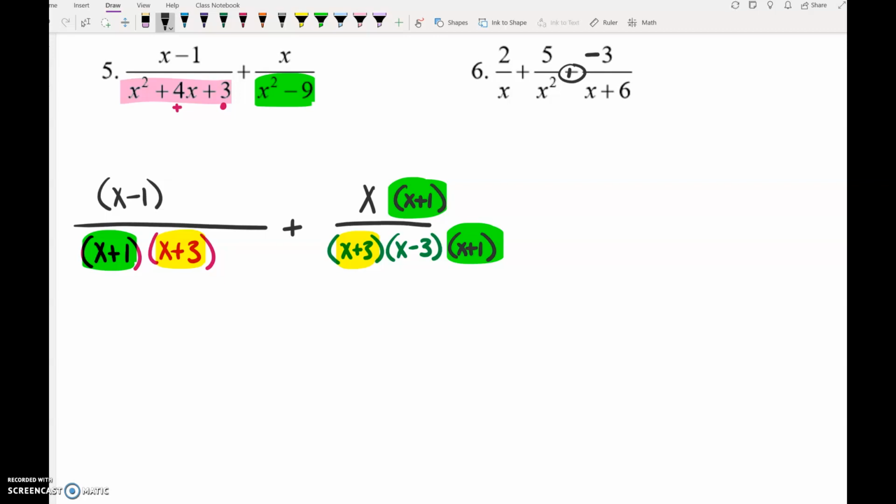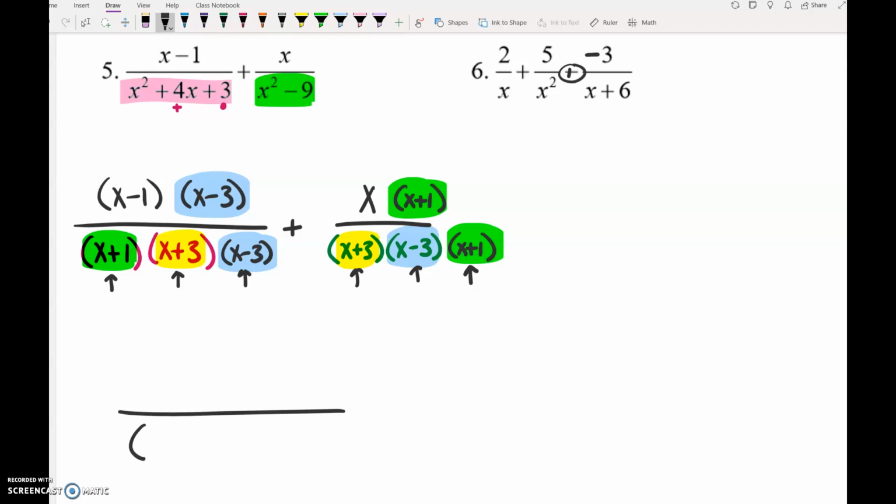And when you write it on the bottom, you have to also write it on the top. Then I look, I've still got this x minus 3. I don't have x minus 3 here, so I need an x minus 3 in this fraction. Okay, now x plus 1, x plus 1, x plus 3, x plus 3, x minus 3, x minus 3.